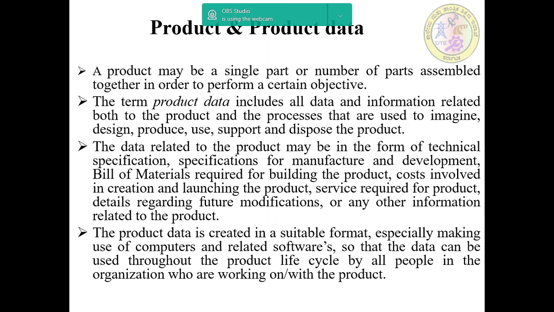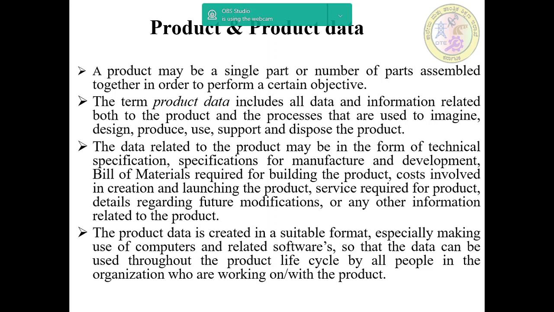The data related to the product may be in the form of technical specifications for manufacture and development, and sometimes it also includes the bill of materials record for building the product, cost involved in creation and launching the product, service required for the product, and details regarding feature modifications or any other information related to the product.